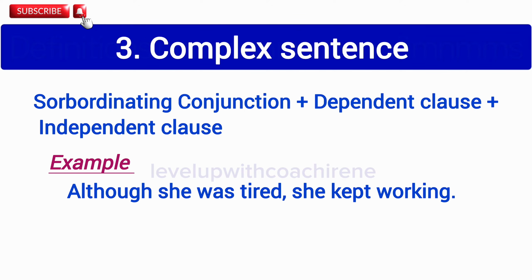Note that the dependent clause, although she was tired, cannot stand alone. Therefore, it needs an independent clause. The subordinating conjunction in this sentence is although. Subordinating conjunctions help to introduce the dependent clause and show the relationship between the clauses.